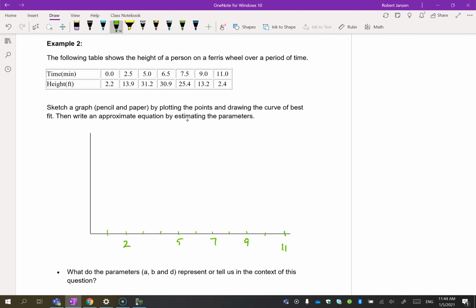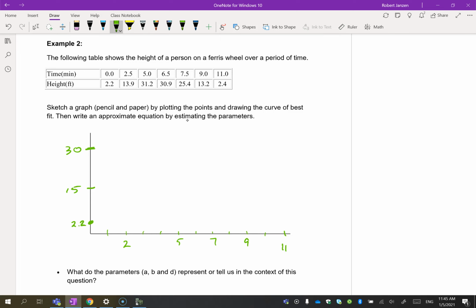And then the height, what's the highest height? The highest height is about 31. I'm just going to do this roughly. Here's 30. Here's 15. So at time 0, height is 2.2, so let's put that there.